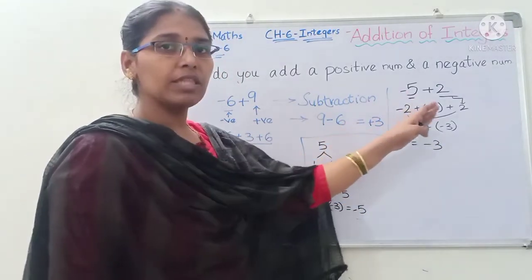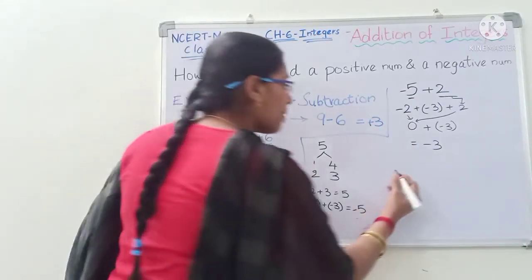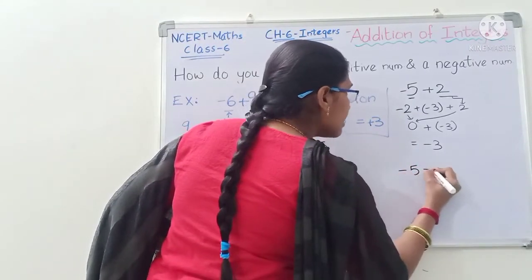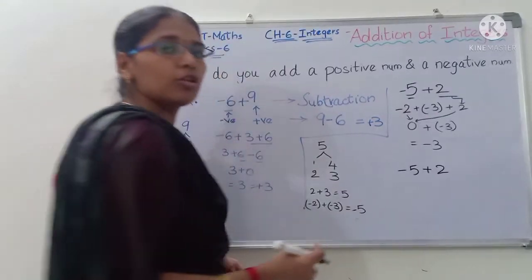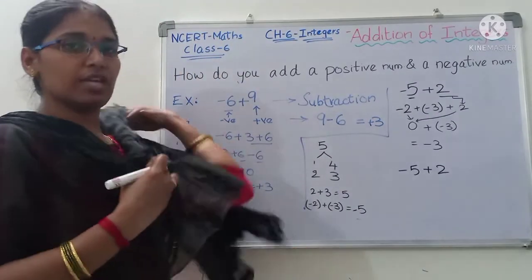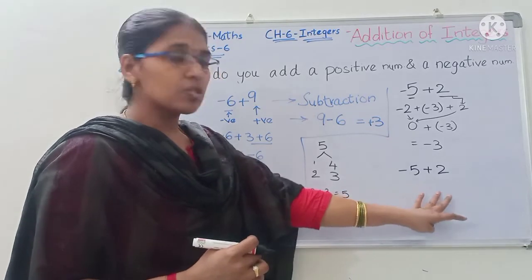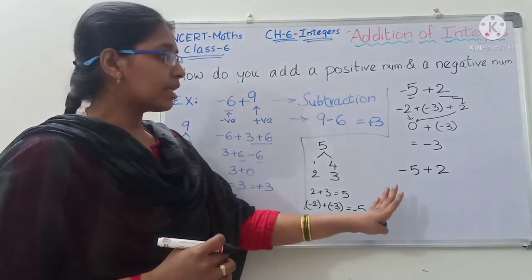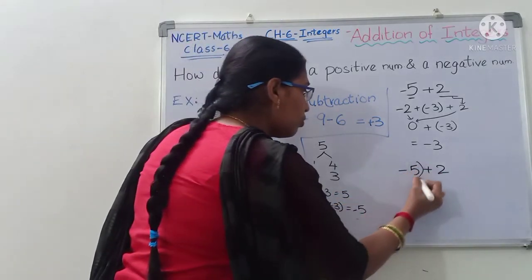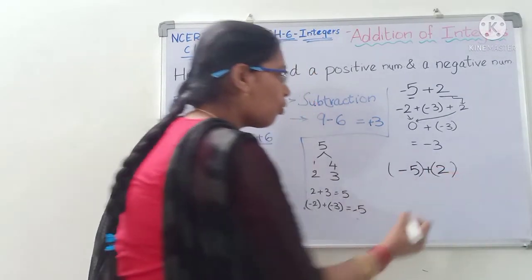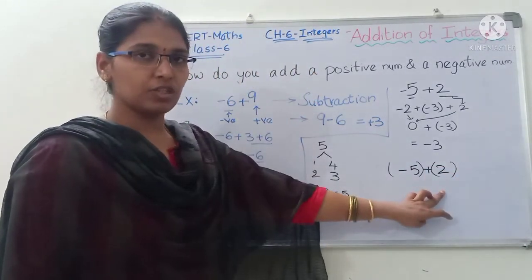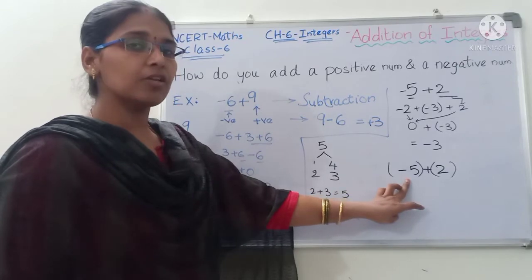Now let's solve this in a single step. Minus 5 plus 2. What should you first check? You should first check whether both numbers given are positive or negative. Here you are adding two integers. One integer is a positive integer and one integer is a negative integer.